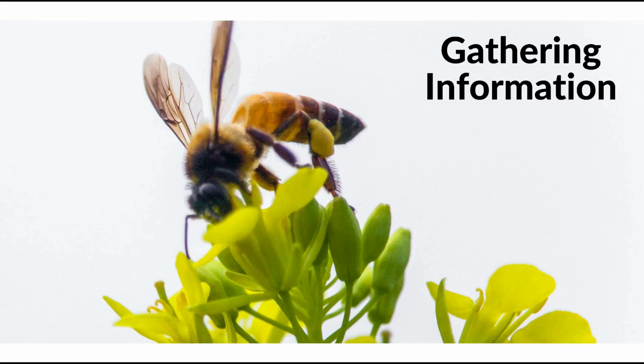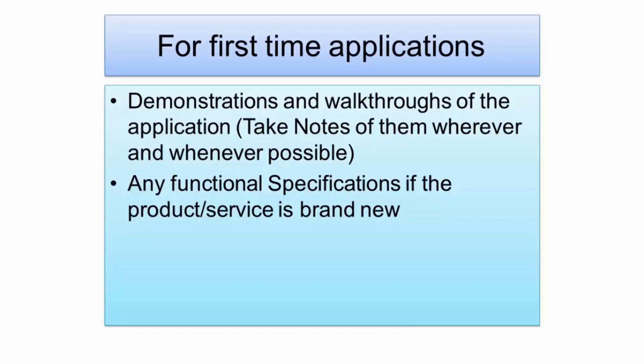In this video, we'll look at the process of gathering information about the application or product for which we'll be creating the online help or the user manual. For first-time applications, that is, for applications and software for which no user manual has been created so far, you'll be provided with demonstrations and walkthroughs, and so make sure to take as many notes as possible, wherever and whenever that is possible.